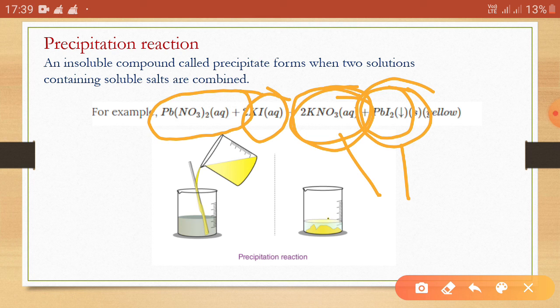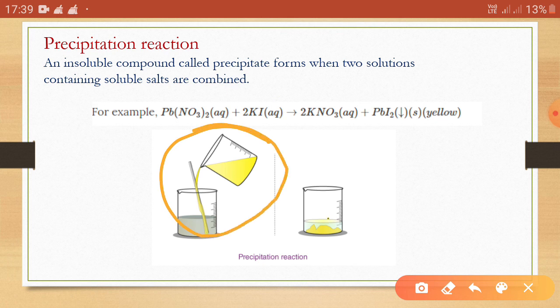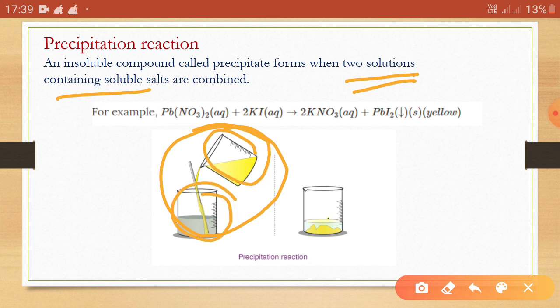Okay, so in this example you can see that when two solutions containing soluble salts are combined, it gives an insoluble compound.